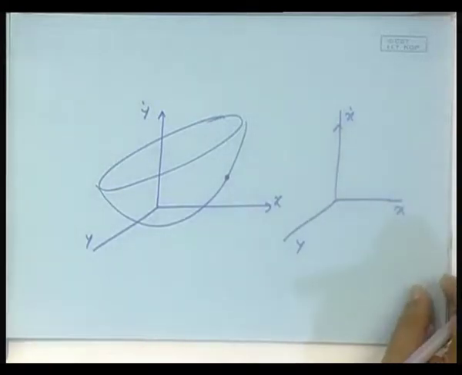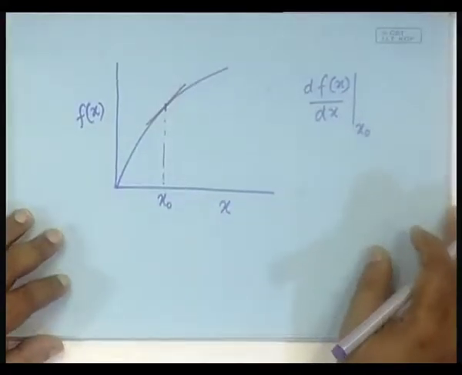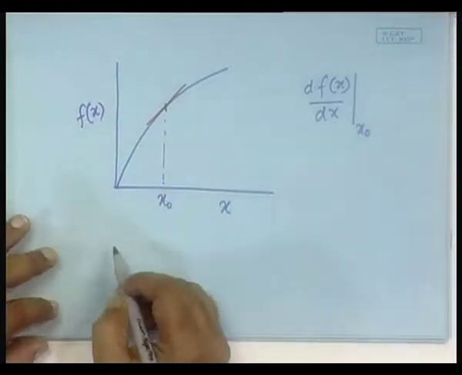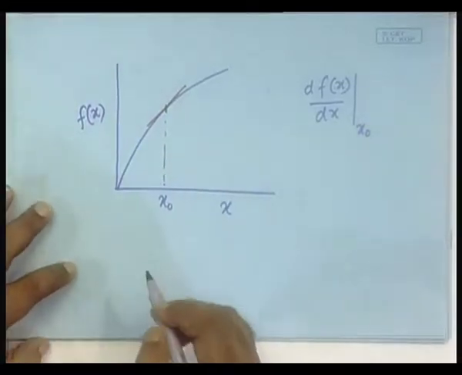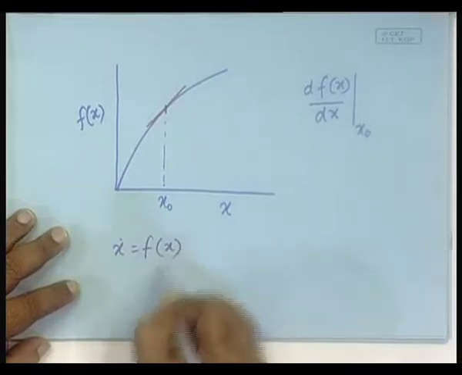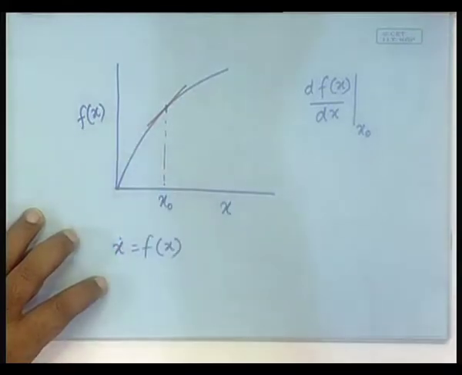So, you will have actually the thing given by, okay, there is another issue here. Suppose your equation is x dot is equal to f x.